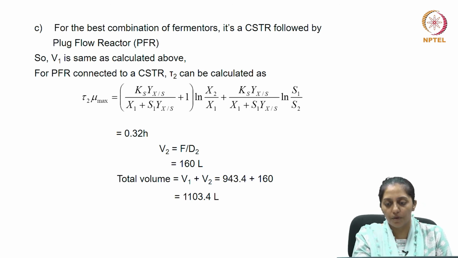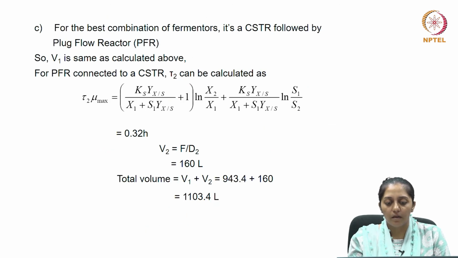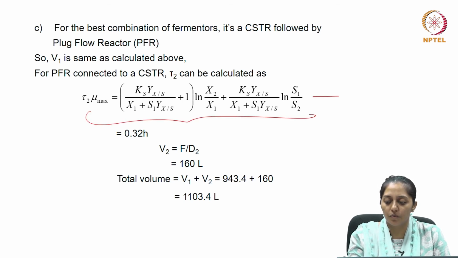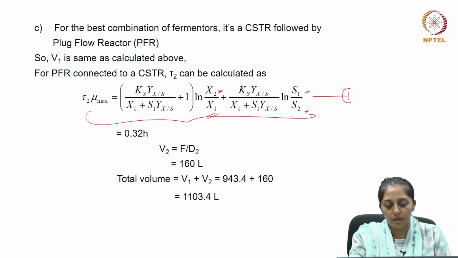Now, V1 will be the same as we calculated in the first reactor in the second part, while for the second reactor, because it will now follow batch kinetics, the PFR design equation is shown here, where if we know the final biomass in the two reactors, the substrates in the two reactors and the yield coefficients, then we can determine the value of tau 2, which is the residence time in the second reactor.